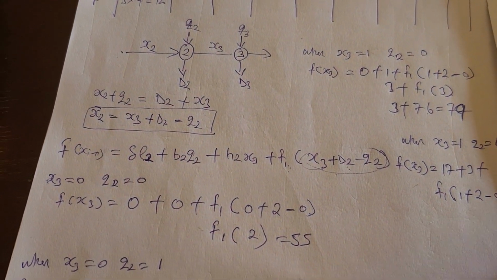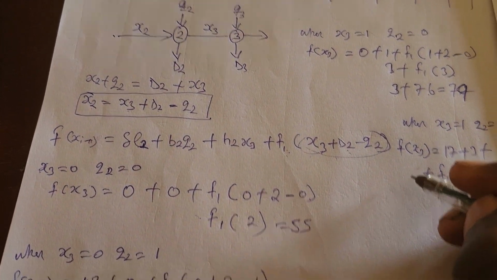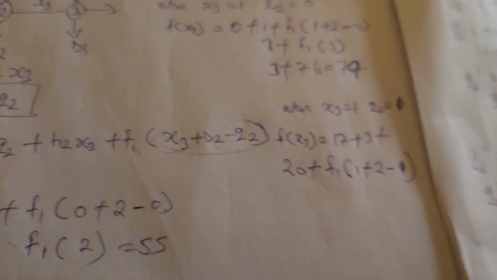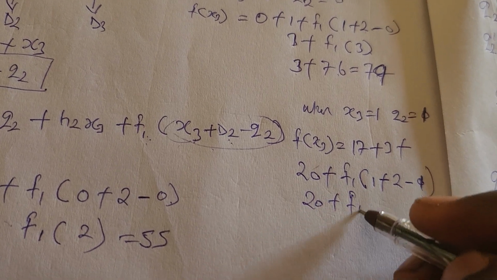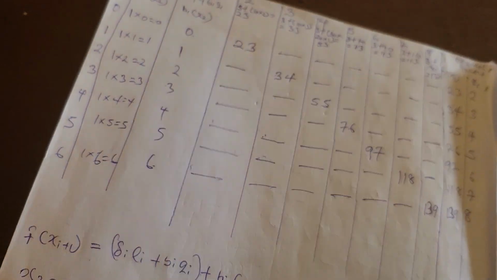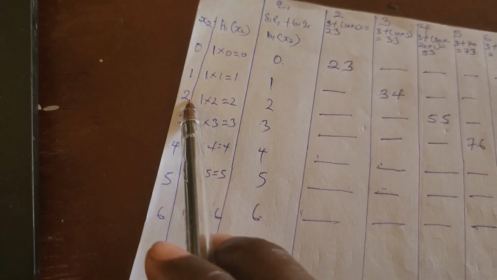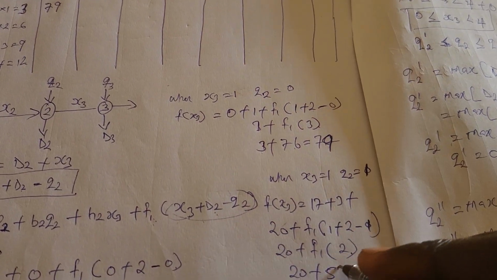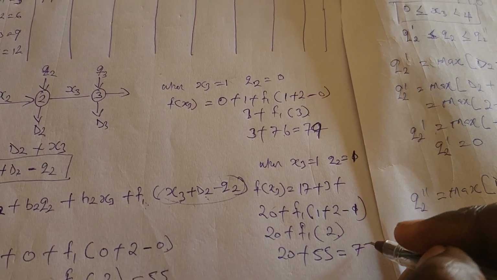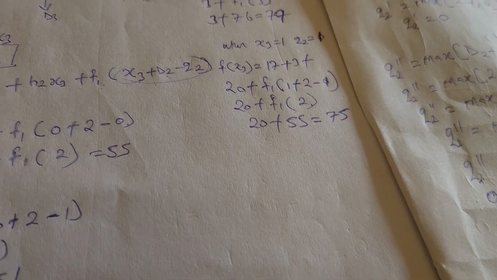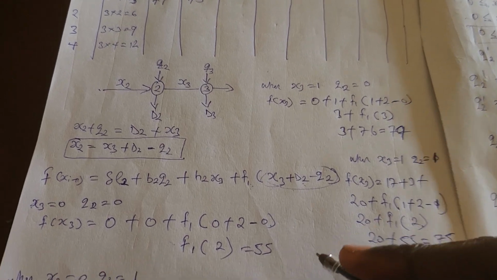So that's 1 plus 20, that's 20 plus 2. When X2 is equal to 2, what's my cost there? 55. That's 55. That's 75.